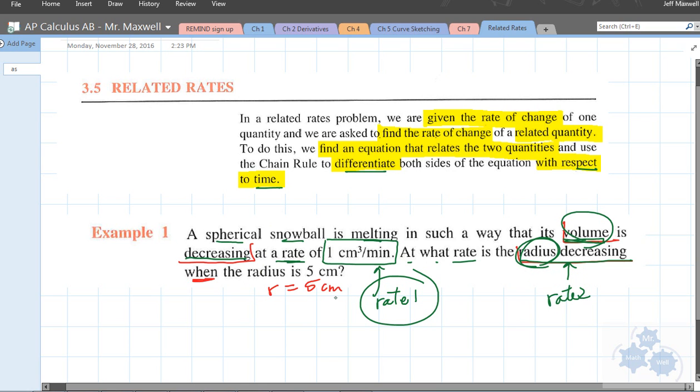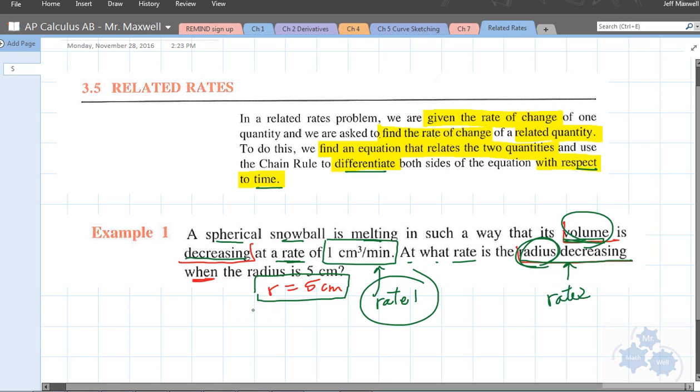Now, this part right here is the moment. It's not a time unit, but when the radius is exactly 5 centimeters, the question says that's when I want to know at what rate it's decreasing. So this is the stipulation or the constraint.